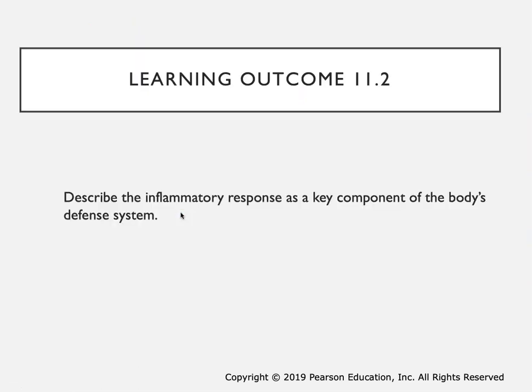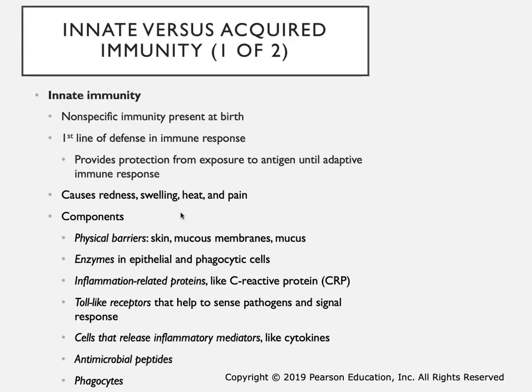Okay, so let's talk a little bit about the inflammatory response, okay, in more detail. Two types of immunity, so innate versus acquired immunity, we're going to talk about. So innate immunity is a non-specific type of immunity that's present at birth.